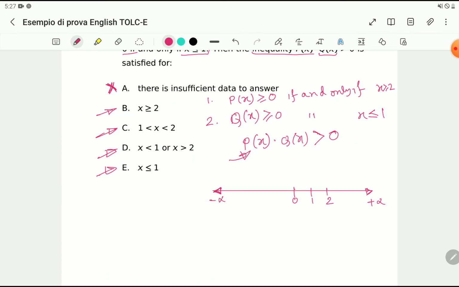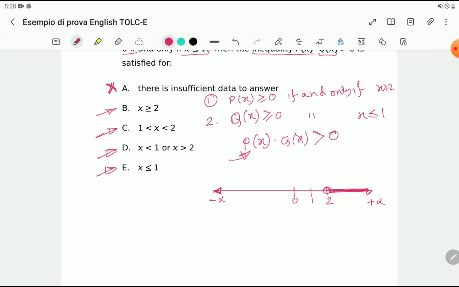Okay, so the first condition is that this function is valid when x greater than or equal to 2, that means the value should be greater than 2 and equal to 2.